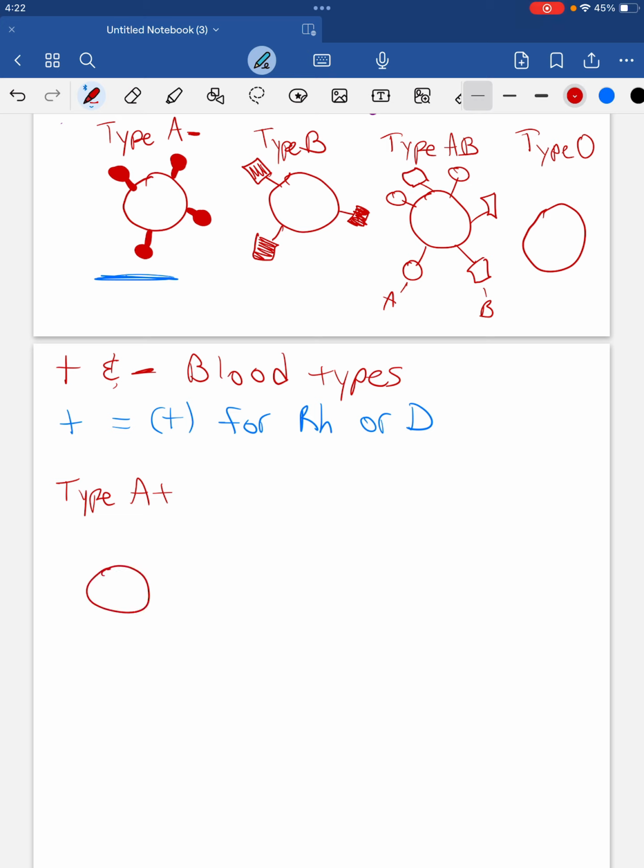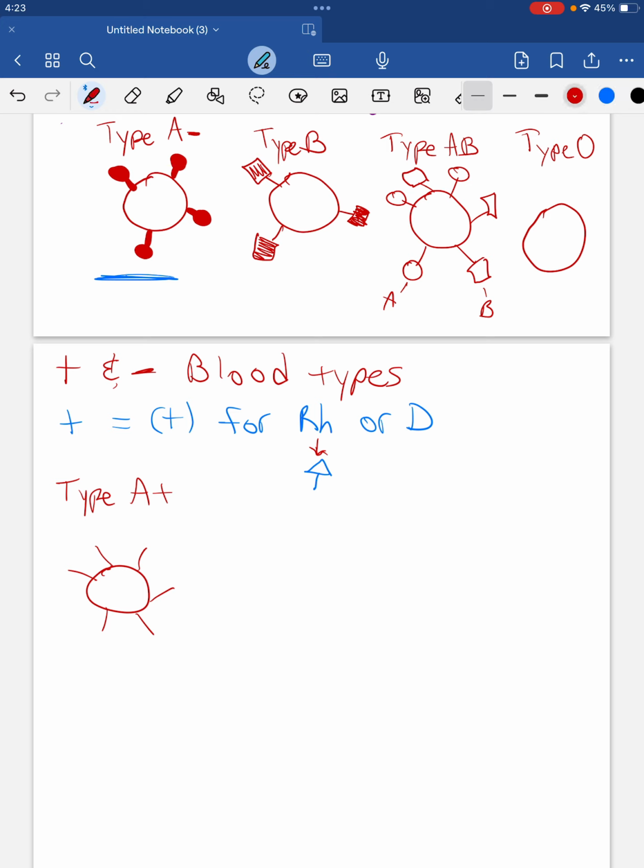Type A positive would have, let's say our Rh here is, what did we draw? We didn't draw a triangle, so let's do that. That's our Rh factor. It's a triangle.